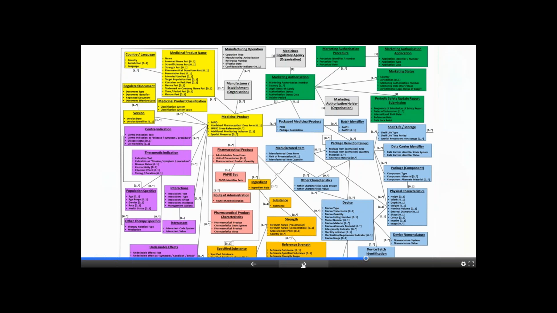I think very often this is a dilemma, and it's not only things like physical characteristics, but also things which you would expect to be easy, like how many blisters are in a folding box and how many tablets are in a blister. Even this basic information is sometimes very difficult to obtain.